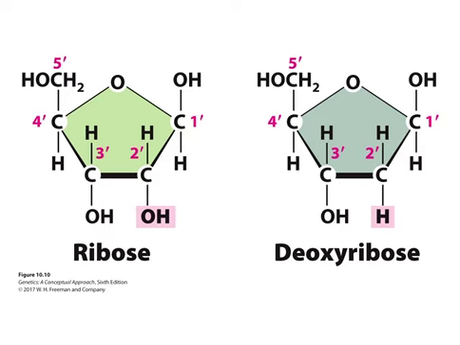And this is one of the reasons that ribose is much less stable in solution than deoxyribose is, okay? Because the hydroxyl group in ribose can catalyze a chemical reaction within the molecule that breaks apart the polymer, whereas in deoxyribose, that hydroxyl group is missing. Okay?